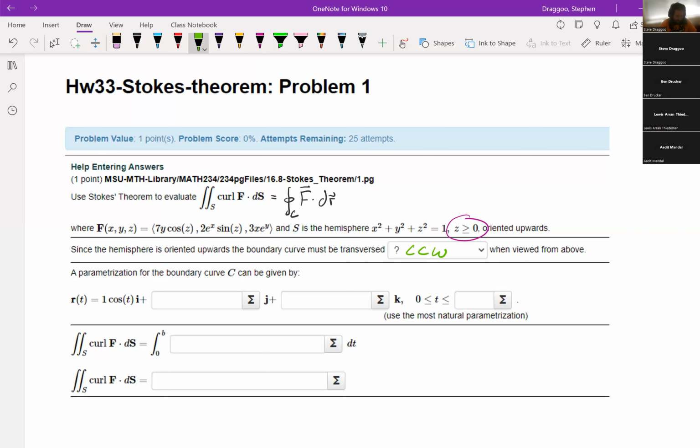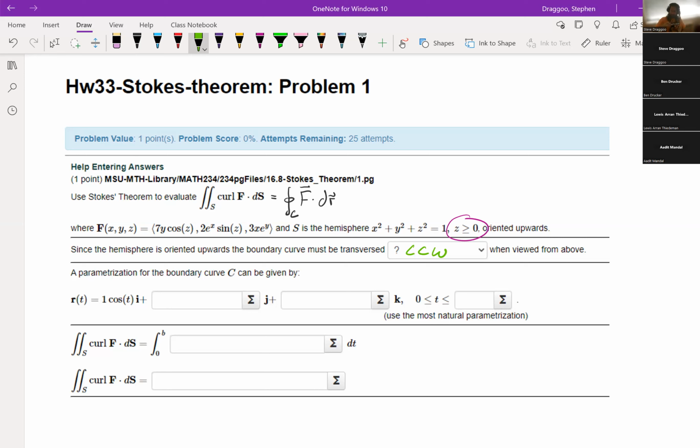So I'm just going to write in CCW for counterclockwise. I believe it'll write out the whole thing if you look at the drop-down tab, but CCW for me, counterclockwise. That's our positive orientation.